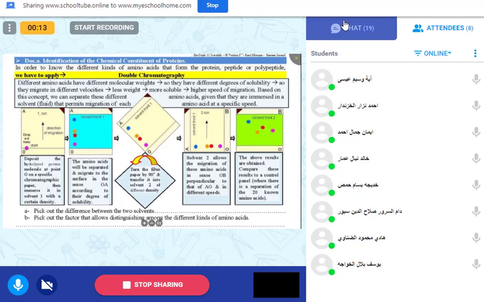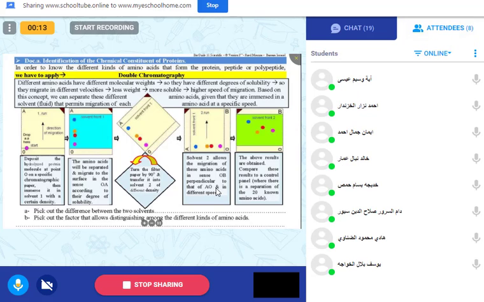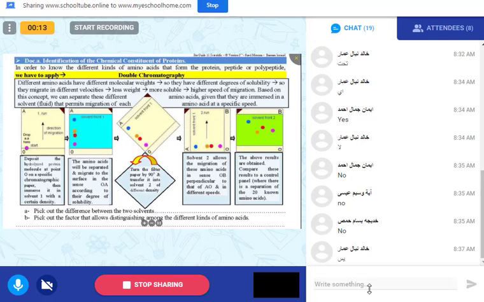So, if we have no questions about the process, let's start together answering these simple questions at the bottom. First, pick out the difference between the two solvents. What is the difference between the two solvents? Who can tell me?